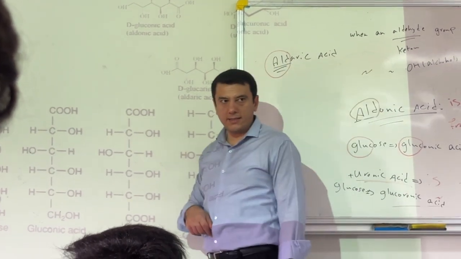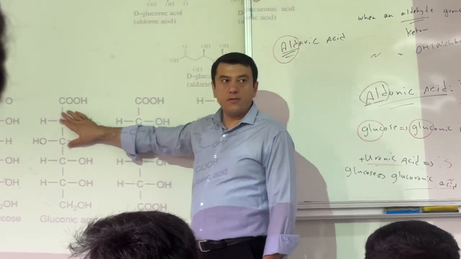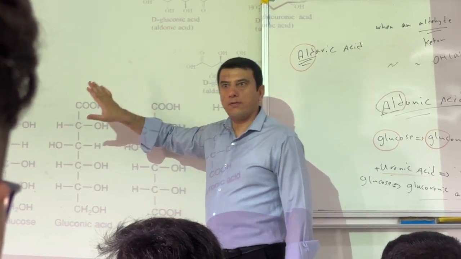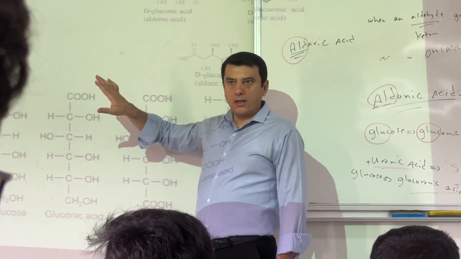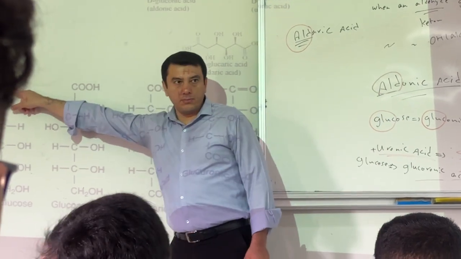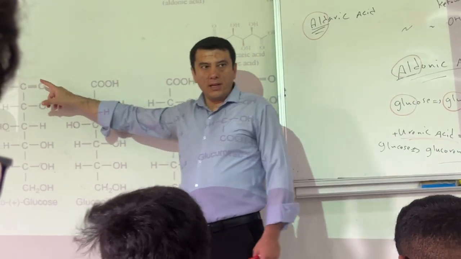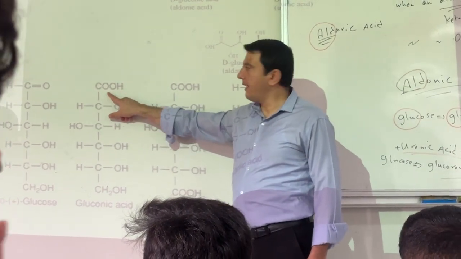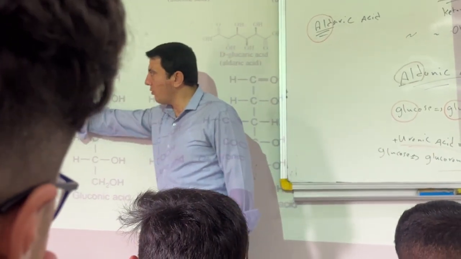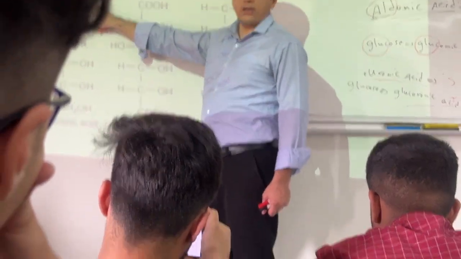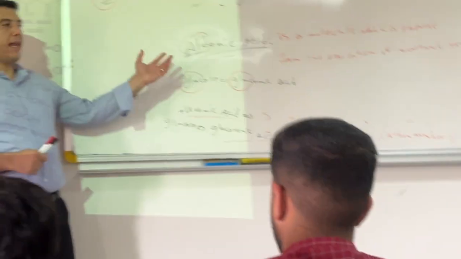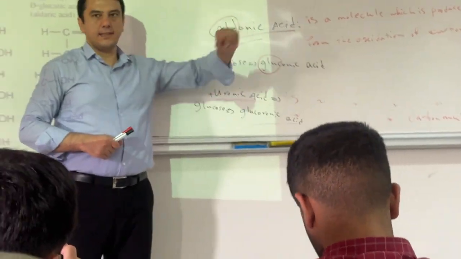The first one is oxidation of the first carbon, or anomeric carbon, or functional carbon, which is the aldehyde group. When the aldehyde group is oxidized, it changes to an acid. CHO changes to COOH. This type of molecule is named aldonic acid.